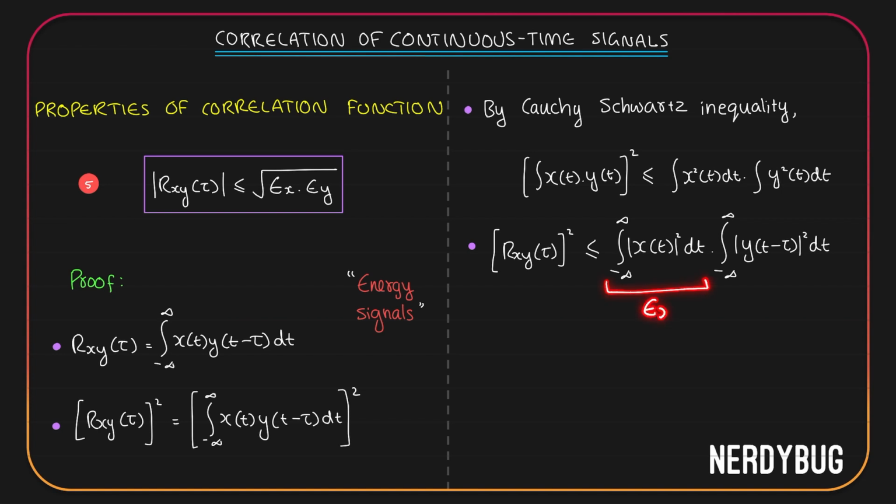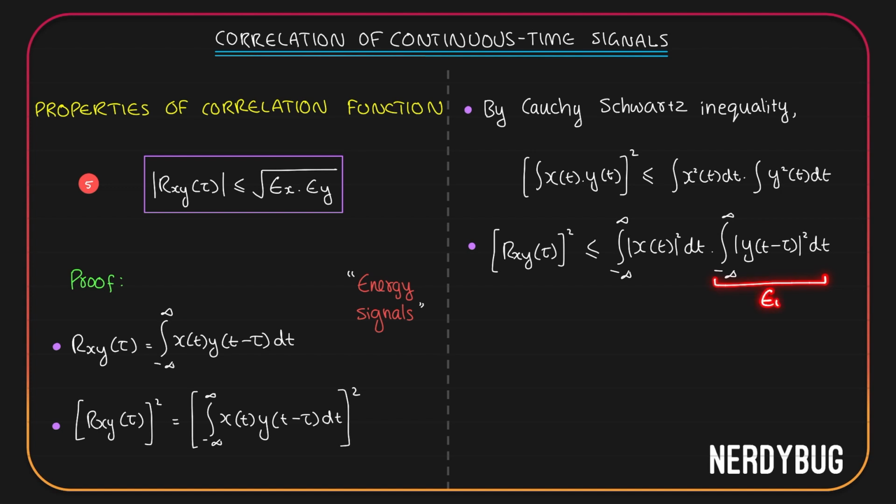Now this is obviously the energy of x of t, Ex. This would have been the energy of y of t, Ey, if we had y of t square, right? But here we have y of t minus tau squared. But that doesn't make a difference actually because this is just the shifted version of the same signal. Shifting does not affect the energy of the signal.